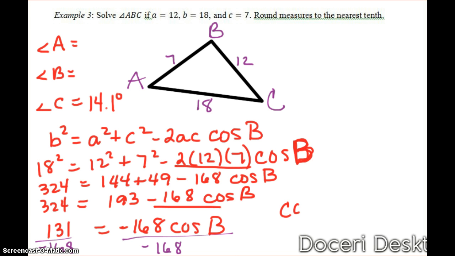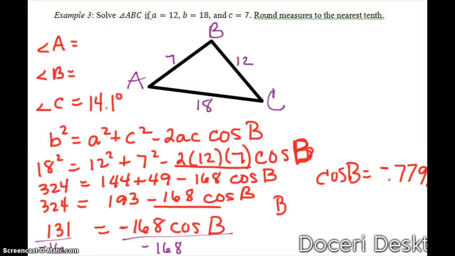And so now I have the cosine of B, when I divide 131 by negative 168, I get negative 0.7798, and I'm going to do the inverse cosine to get B by itself.